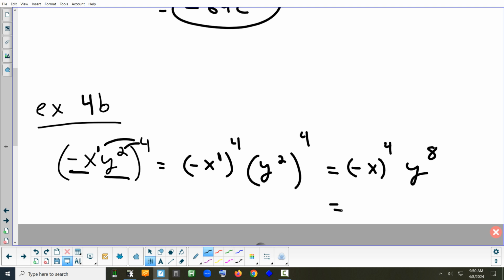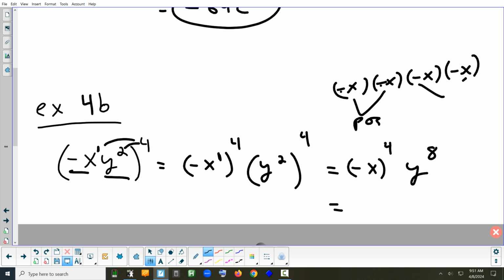And now here, remember what this means. Negative x times negative x times negative x times negative x. What's a negative times a negative? So when you multiply those together, you get a positive. What's a positive times a positive?